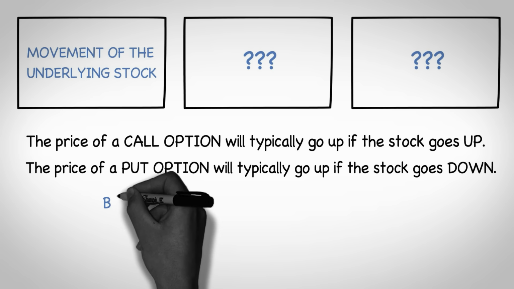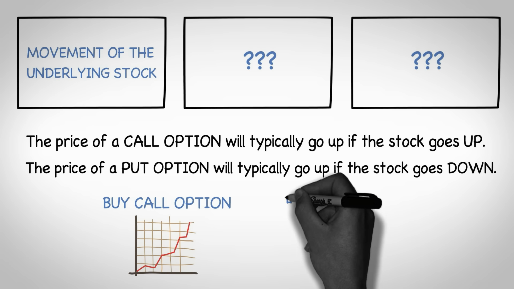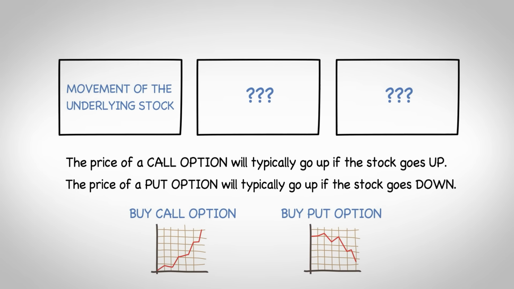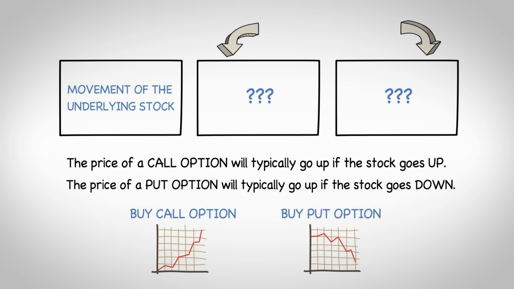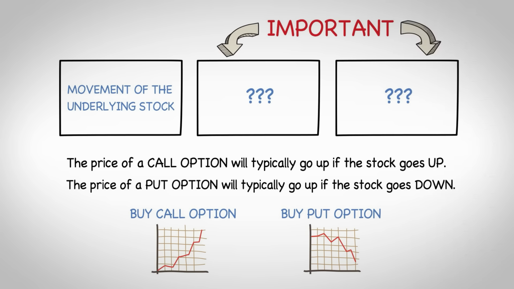So to put it simply, if you buy a call option, you are betting that the underlying stock's price will go up. And if you buy a put option, you're betting that the underlying stock's price will go down. But remember, there are also 2 other factors that affect an option's price, and they are extremely important, so don't go buying options yet. You're going to learn about these in the next chapter.